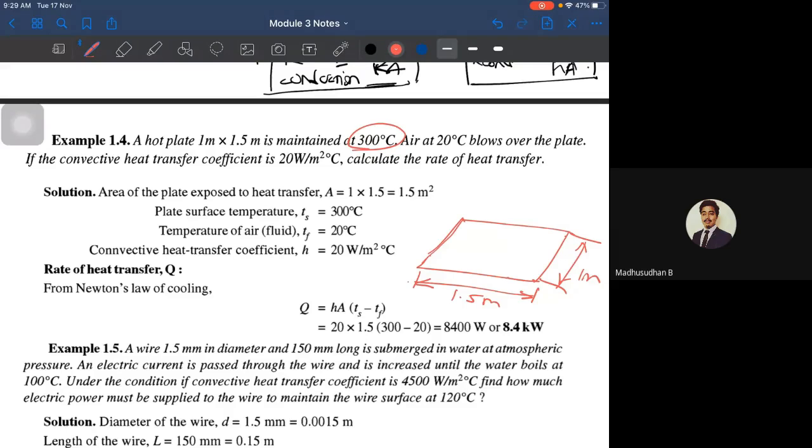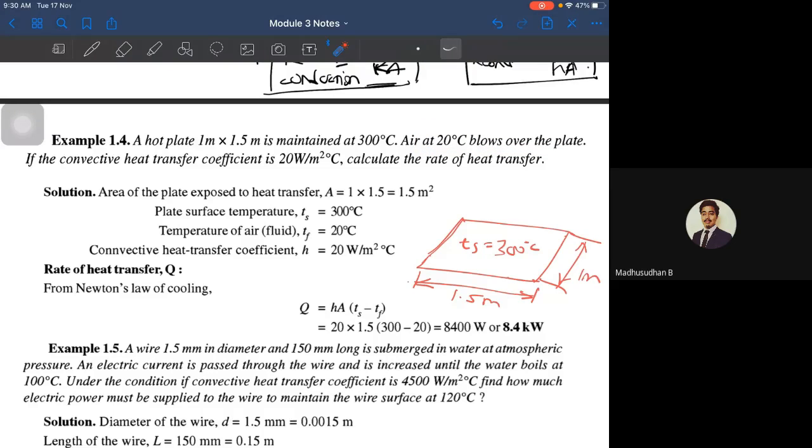Yes. Okay. So Ts equals 300 degrees Celsius, since the hot plate is maintained at 300 degrees Celsius. Air at 20 degrees Celsius blows over the plate.